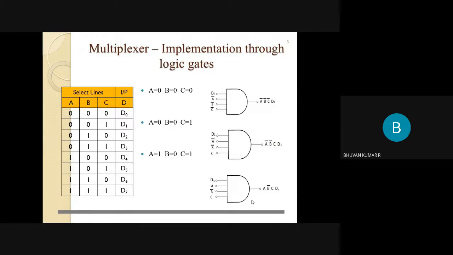Yes, it is already shared. In PPTs, go to class lectures. So this is actually the truth table. Here all the inputs are there. Okay, ma'am. You can leave.